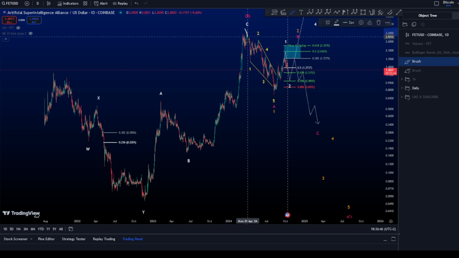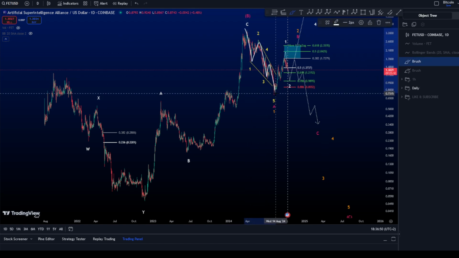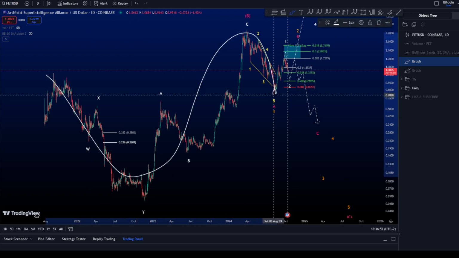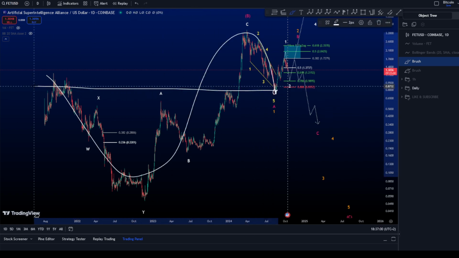Now as we explained before, these 5 waves might have finished already earlier than expected, and it has turned this expanding flat into a running flat, finishing the wave C exactly in the middle of this running flat.